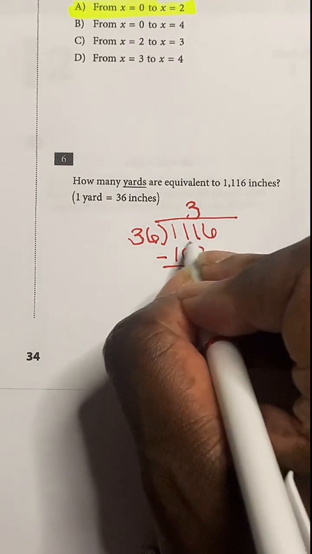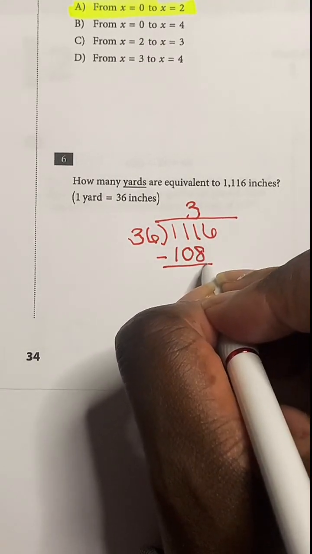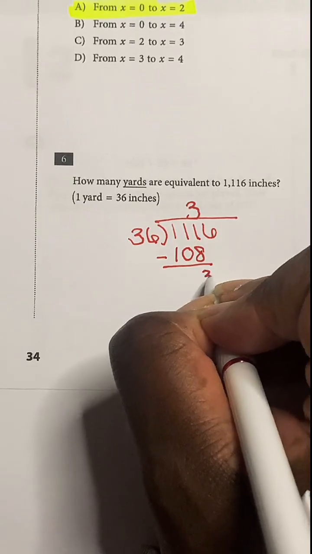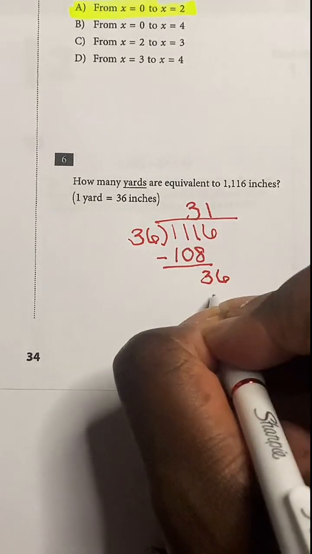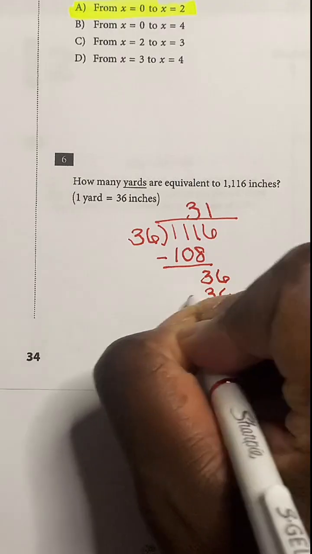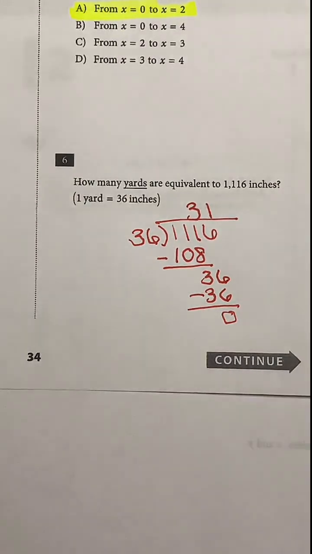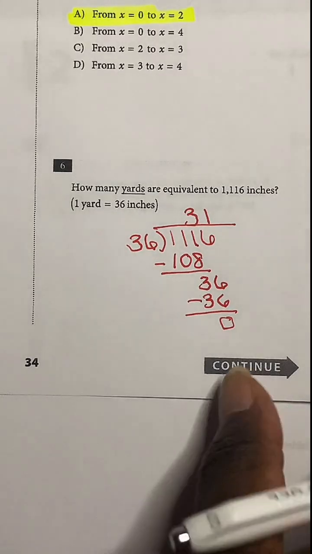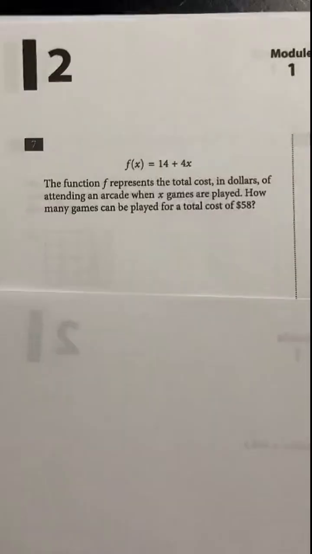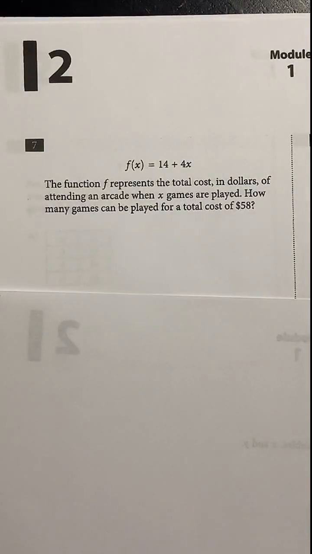Now you got your 11 minus 8, that gives me my 3 and 6. How many 36 goes into 36? 1 time. All right. So that's all we're doing. Nothing but division.